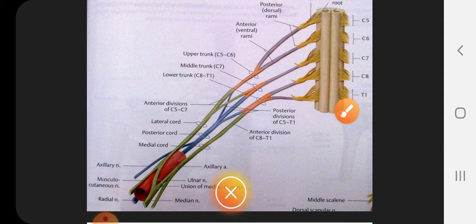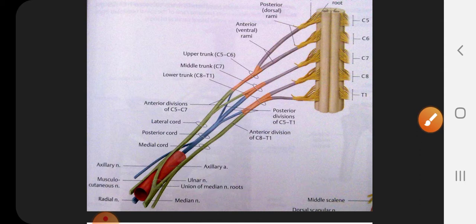In a prefixed plexus, the contribution by C4 will be large and C5 is present. In a post-fixed plexus, the contribution from T1 is large and T2 is also present.